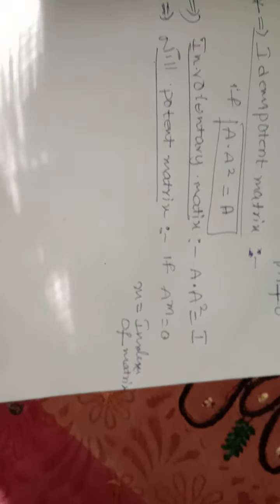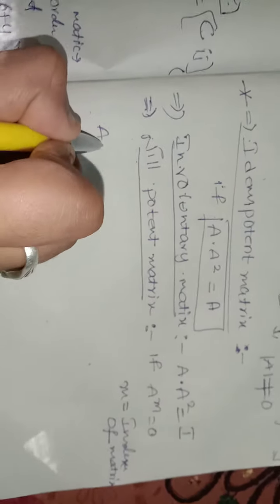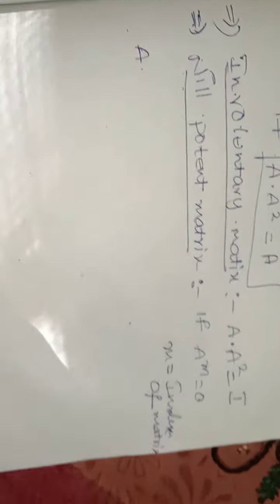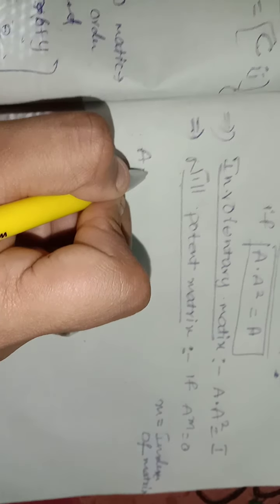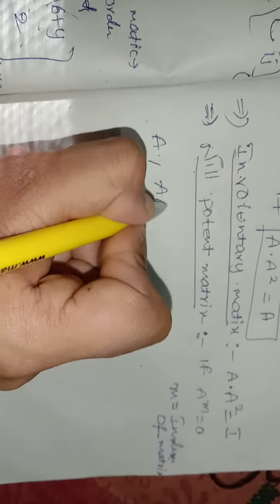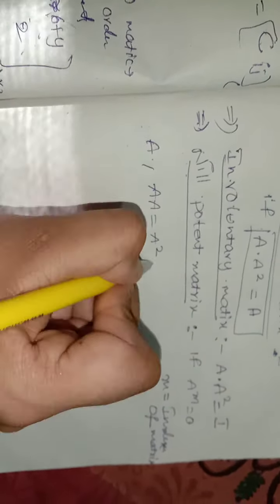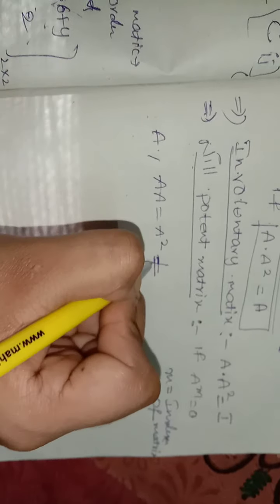Okay, what does it mean? Consider any matrix, that is A. We should multiply the matrix any number of times. If it is the matrix A, then I multiply with A into A. So now it becomes A square, which is not equal to the null matrix.